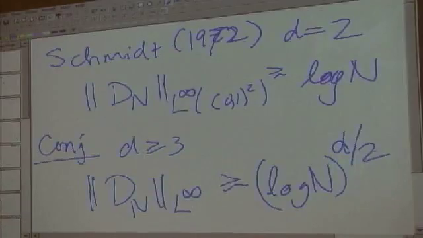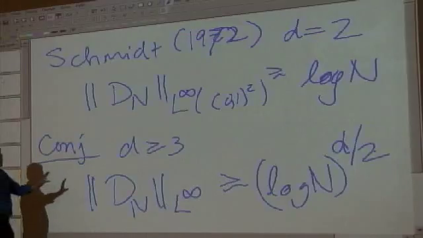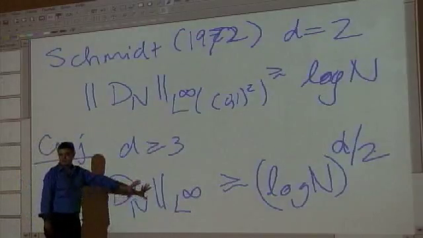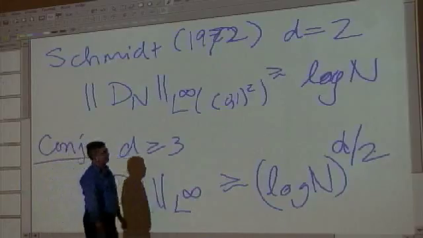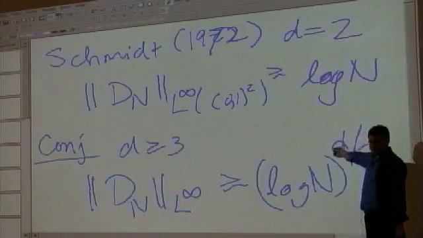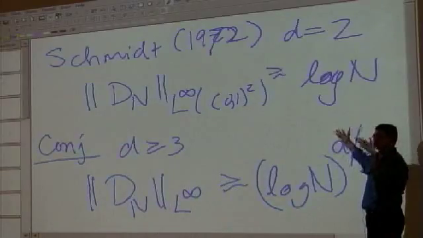But the best known upper bounds, so the best known constructions of sets whose discrepancy is small in L infinity, have the d minus 1 here. So in high dimension, there's a big gap.